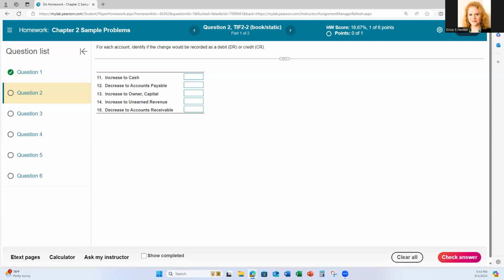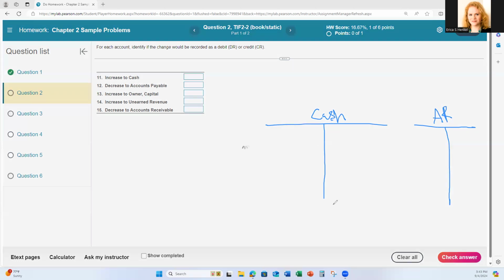So we had T accounts that we learned about in the video. Each account that we need to keep track of for each of these items, like in our previous problem, we had cash that we used, or maybe accounts receivable. These are called T accounts. It looks like a T, and we show whether something increases or decreases on here.